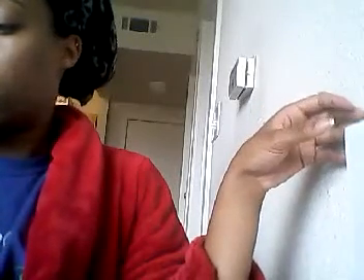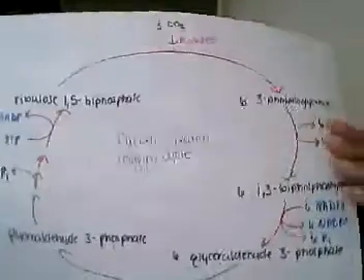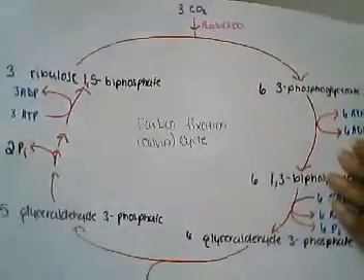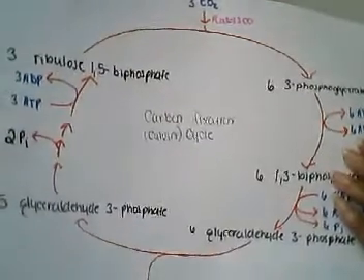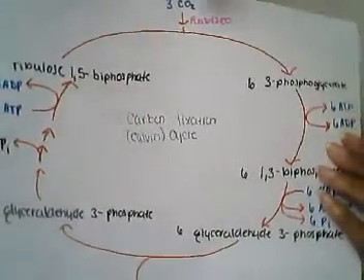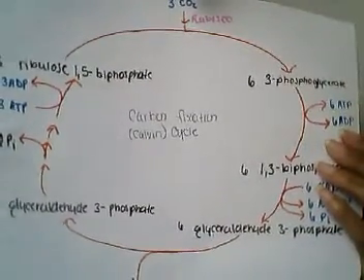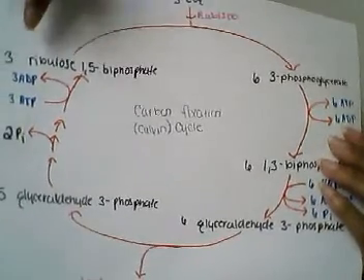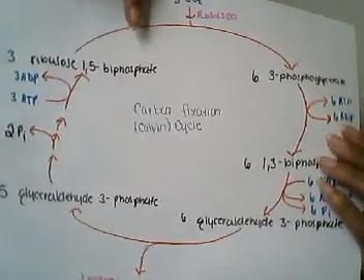Once the light reactions are finished, we then have the Calvin cycle. And here in the Calvin cycle, we start off with 3 molecules of carbon dioxide, and these 3 molecules are fixed by ribulose 1,5-bisphosphate.